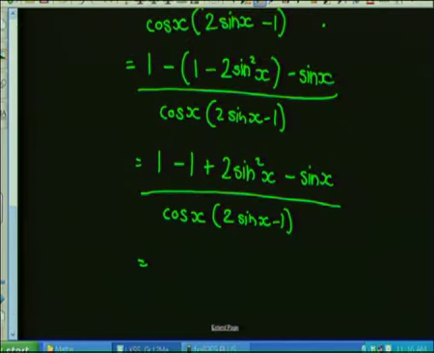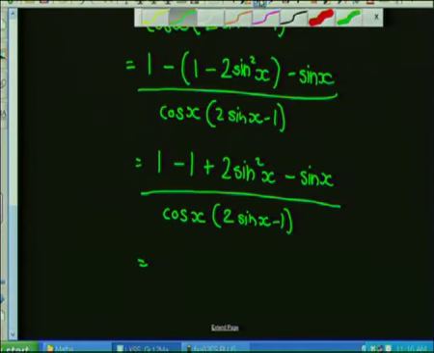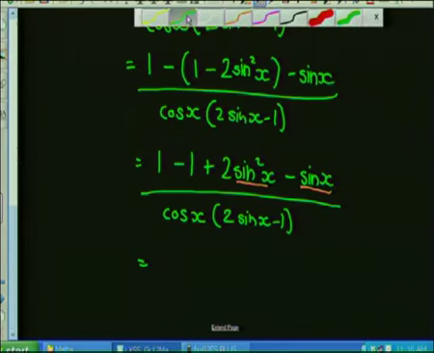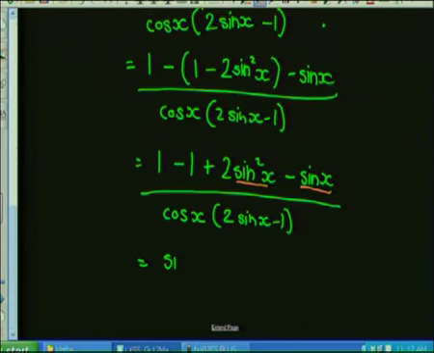So 1 minus 1 becomes 0, and then we recognize that we have a common factor of sine x at the top, which we can now take out. So we begin with sine x, and we are then left with 2 sine x minus 1.